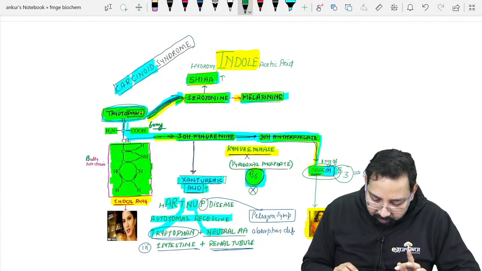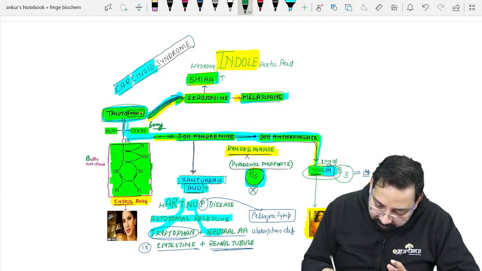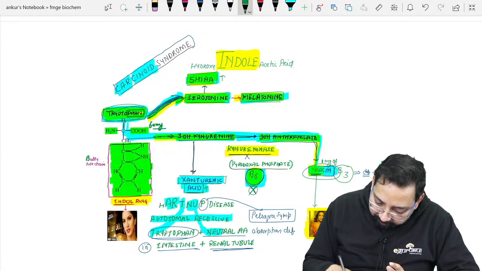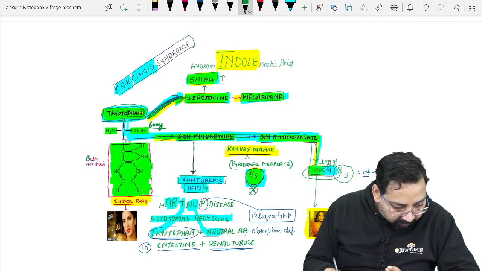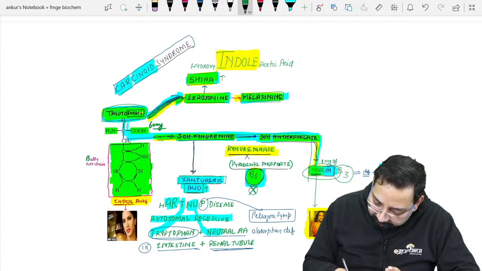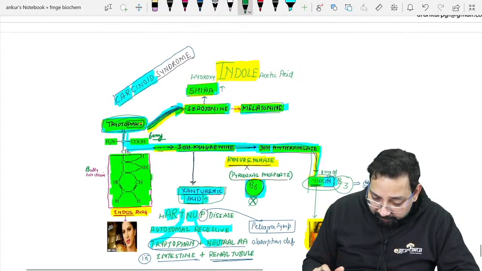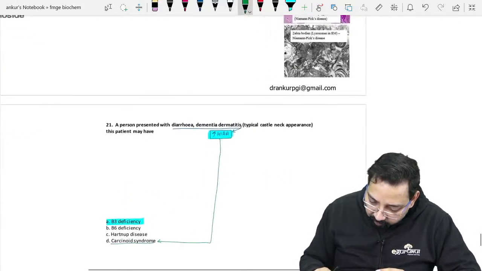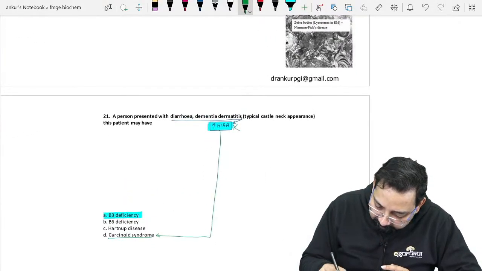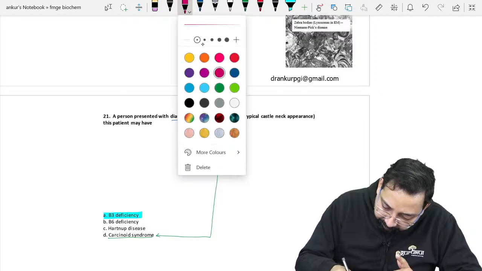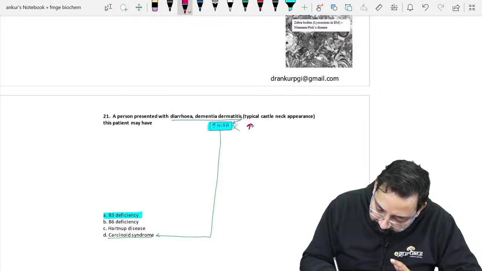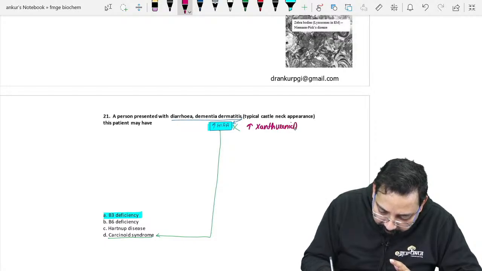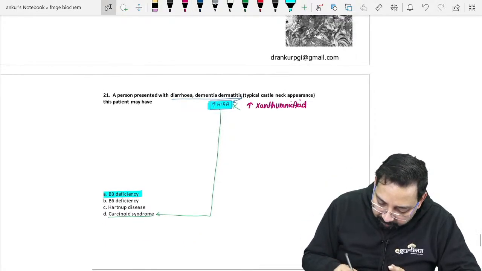In the same question, if B6 is deficient, then tryptophan will not be converted to niacin, and xanthurenic acid will increase in urine. So in the same question, in place of HIAA, they gave increased xanthurenic acid. What would be the answer?